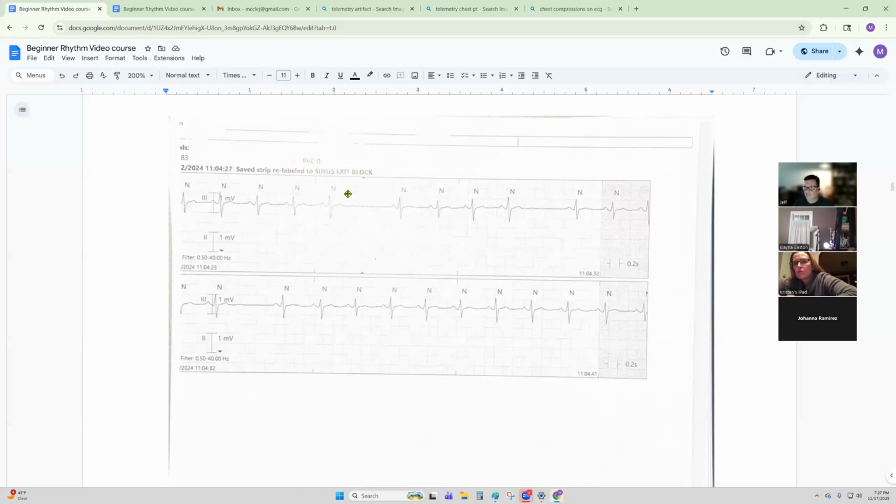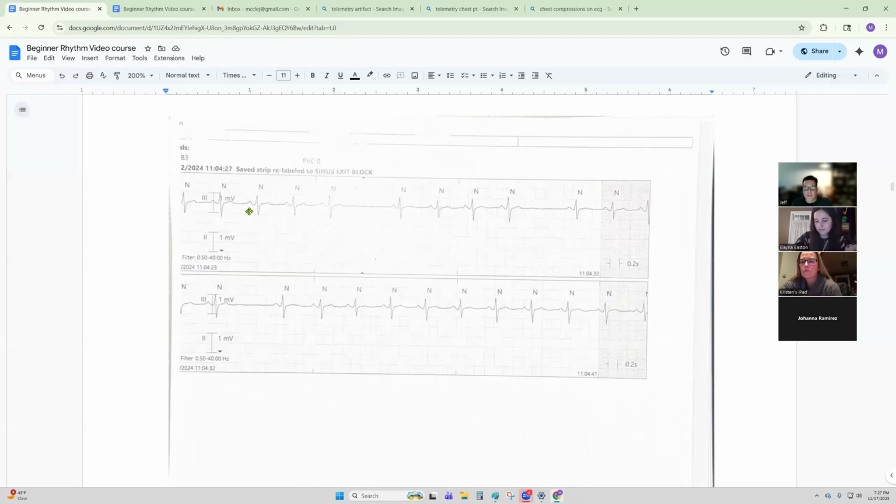And the 2 R to R's before the missed beat, if you take those 2, actually 3, yep, and take the calipers over to the missed beat, it should equal that distance. Exactly, because it's still sinus, so you still have a P wave associated with a QRS complex.